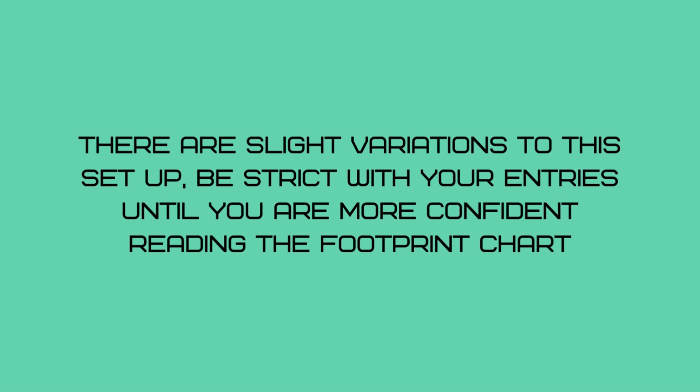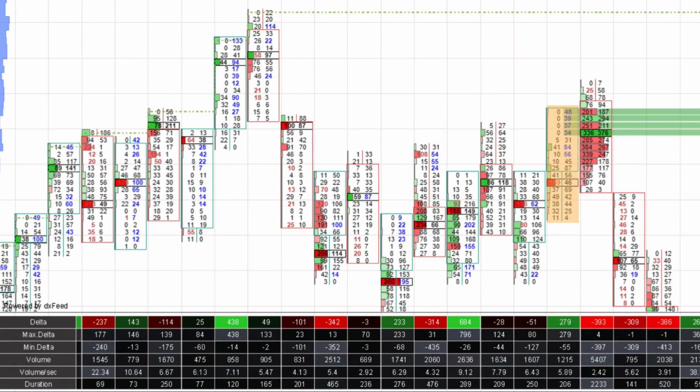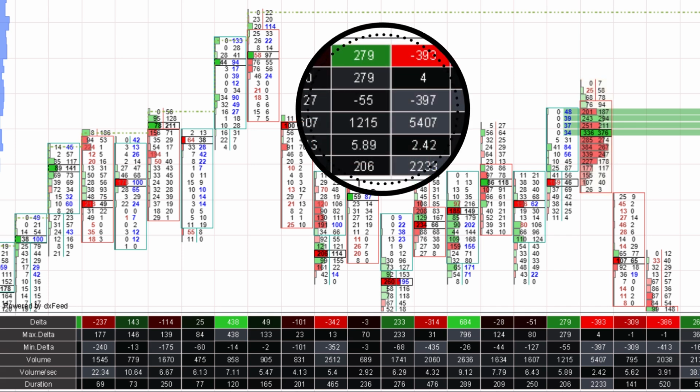But here we have a candle closing on its max reading of 279. The next candle then reverses completely and closes at -393. Now you can see it had a min negative of 397. So we are only 4 away from its min delta reading.